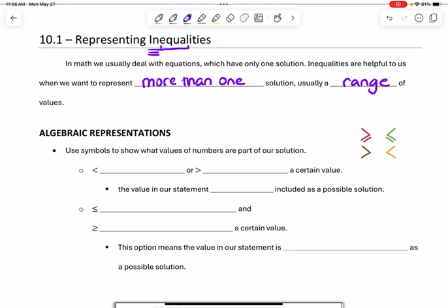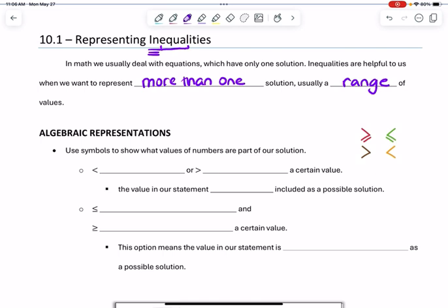Say, for example, I have between $5 and $10 in my pocket, inclusive, meaning I could actually have 5 and I could actually have 10. All of the possible values I could have in my pocket, there's a starting point of 5 and an ending point of 10, and all of those numbers between 5 and 10, that range is my solution set. It's all of the answers that can possibly make my statement true.